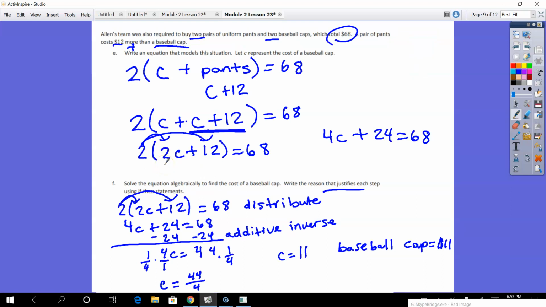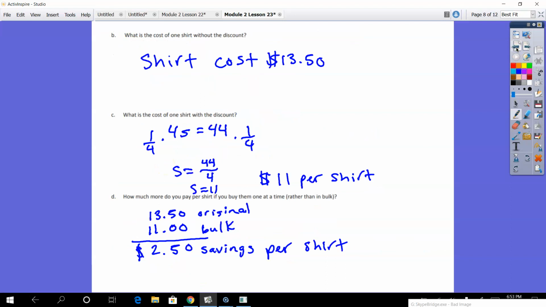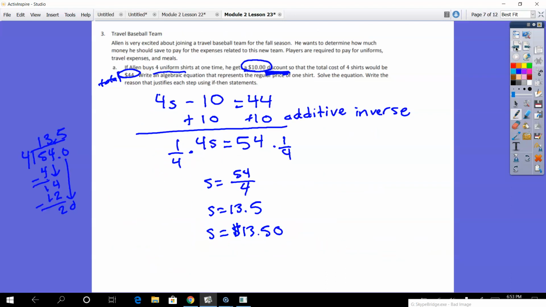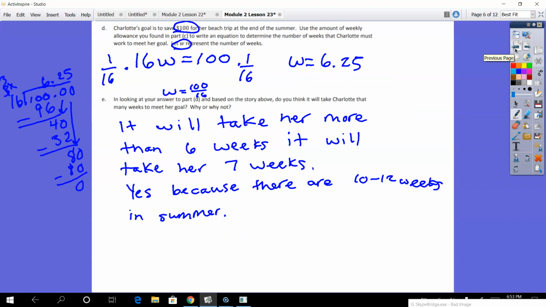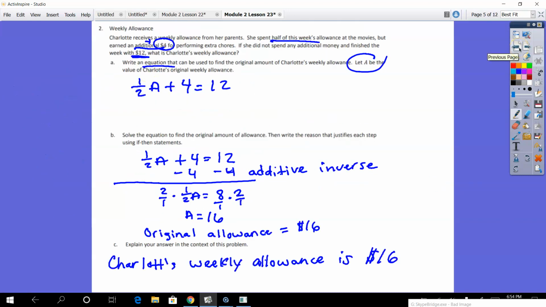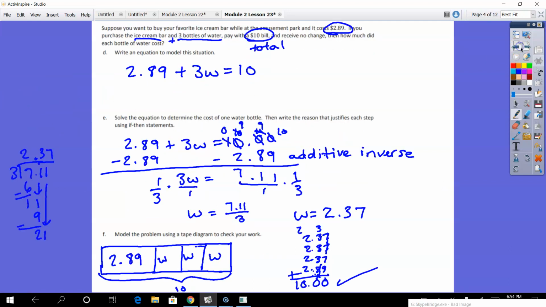So for instance, if we look back at this one, something that was repeating. There were 16 times the number of weeks, so that was our coefficient there. Okay. We had 3 bottles of water. They were all costing the same thing, so this was our coefficient. That's what we were multiplying.